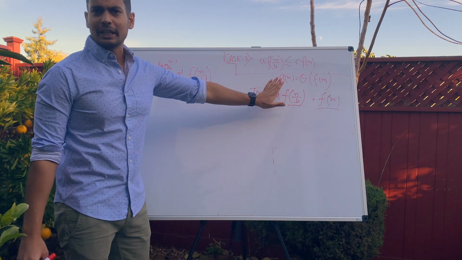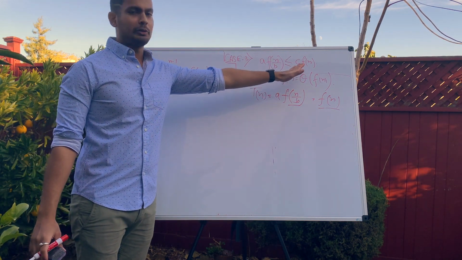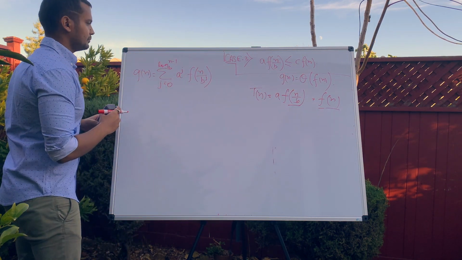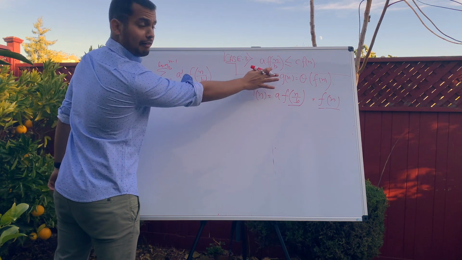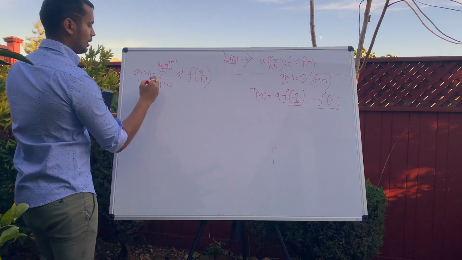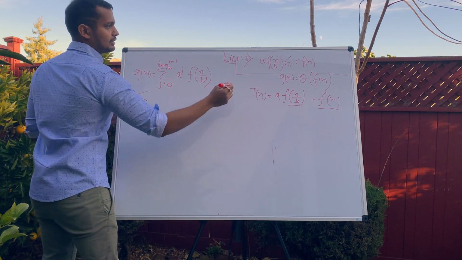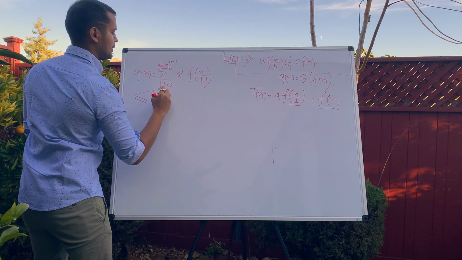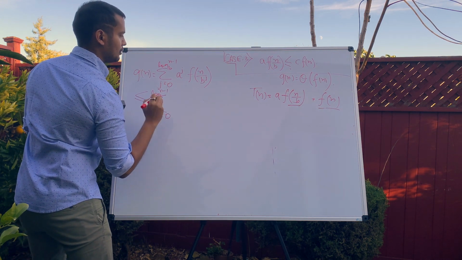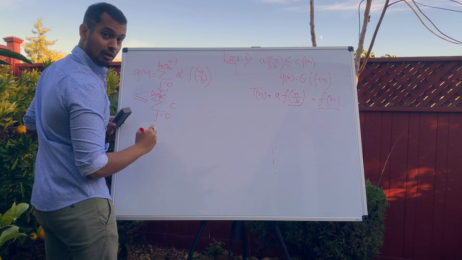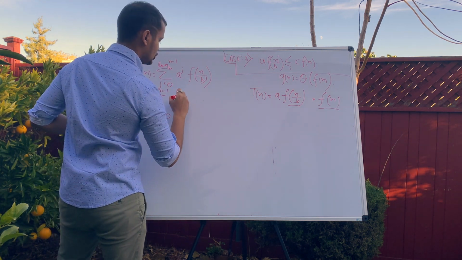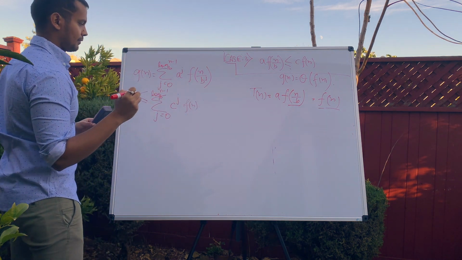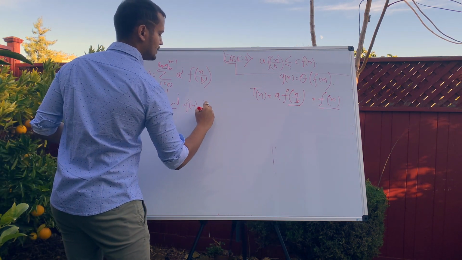And again, this is a straightforward case, no-brainer, where we just substitute the value of this particular part with this one and just solve it off. So substituting the value of a f(n/b) with this one, less than, because it's a less-than over here, the summation from j equals 0 to log_b n minus 1 becomes c^j f(n), plus some constant.